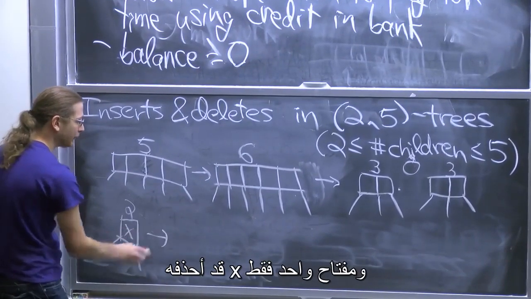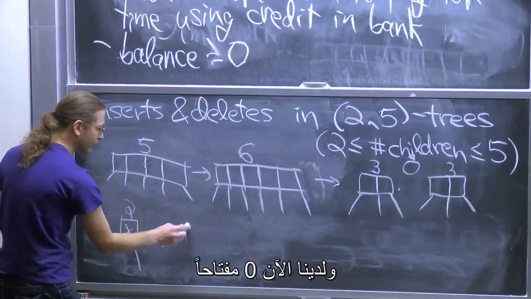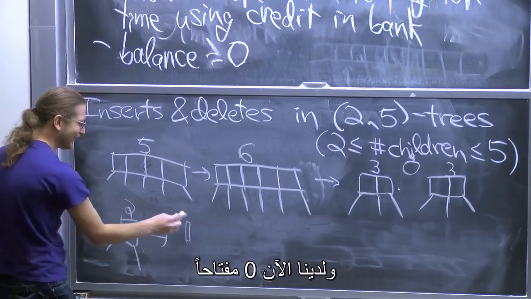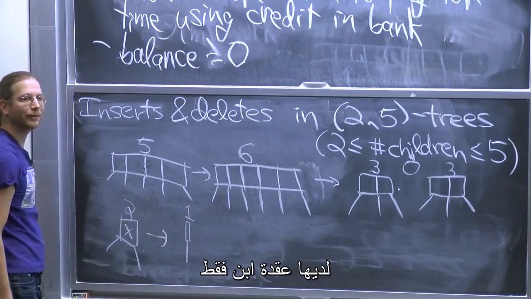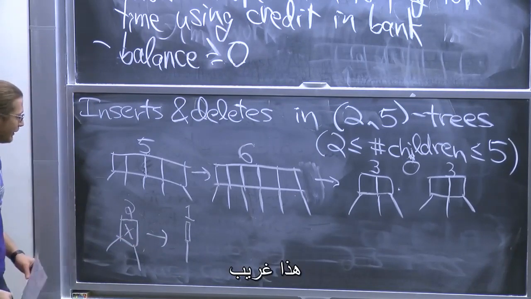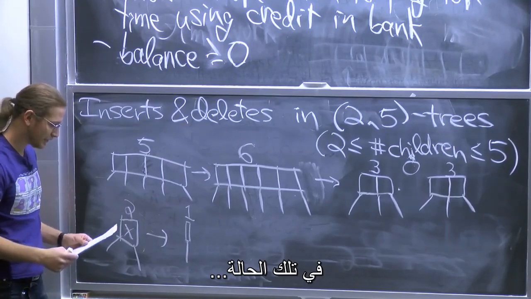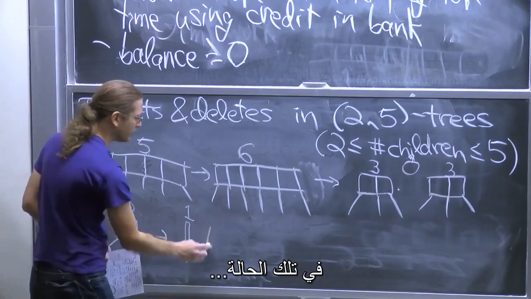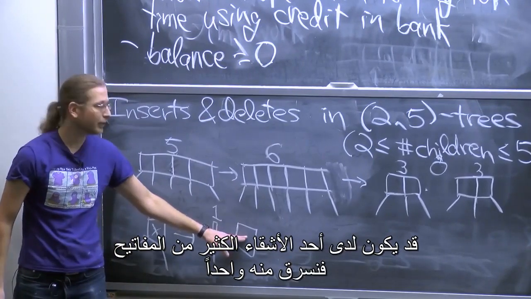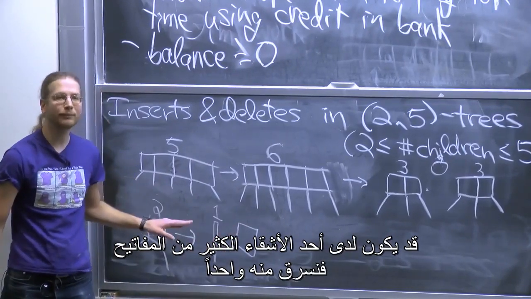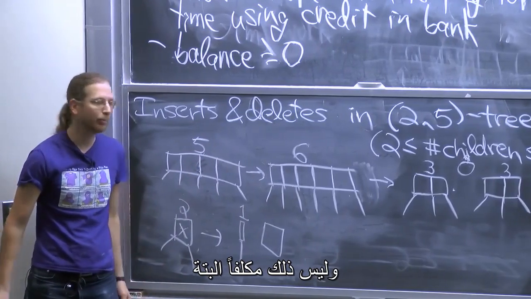Then maybe I delete x. And so now I have 0 keys. This is a 1 node. It has a single child. Okay? Weird. And in that case, there's sort of 2 situations. Maybe your sibling has enough keys that you can just steal 1. Then that was really cheap.